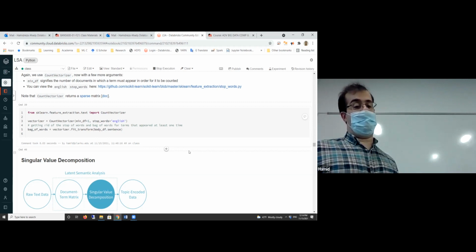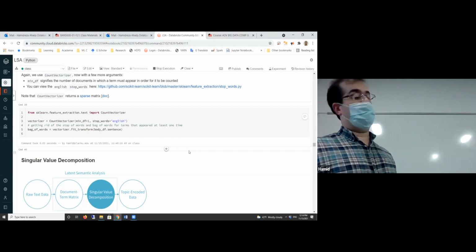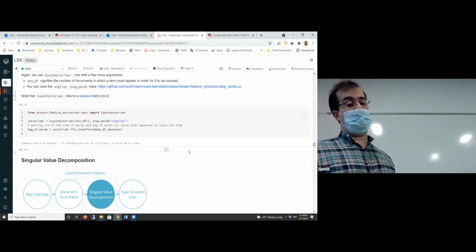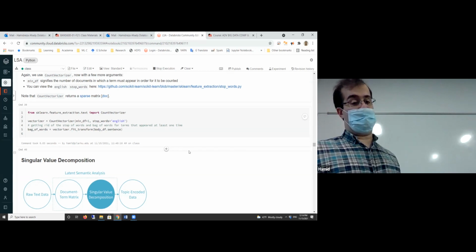So with count vectorizer, I'm saying that I want to basically focus on 2 things. First of all, the tokens should appear in at least 1 sentence, and also I want to get rid of English stop words. Then I applied it on my sentence column, and I make a bag of words.